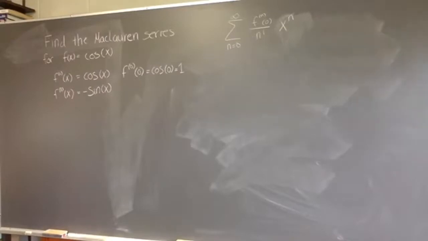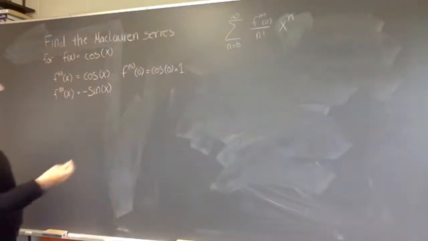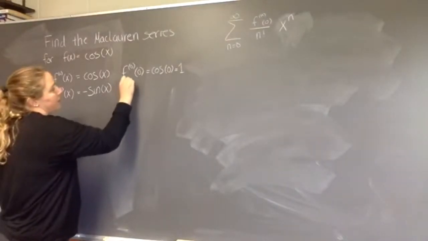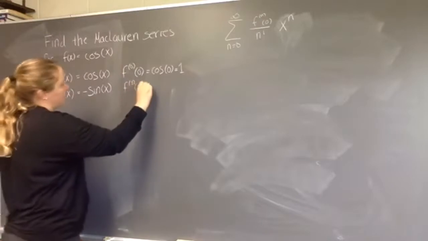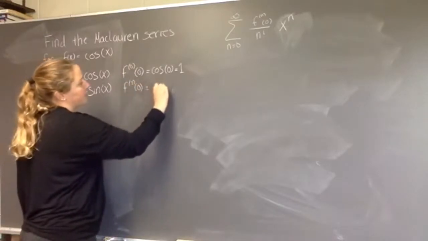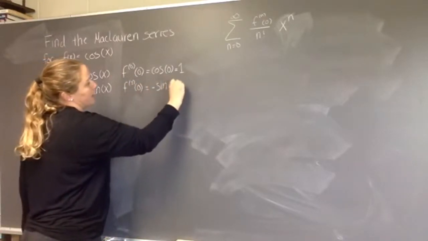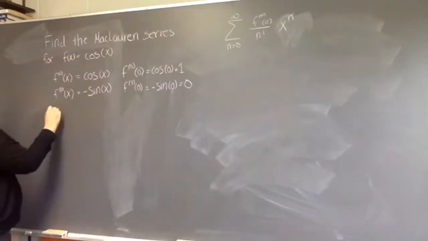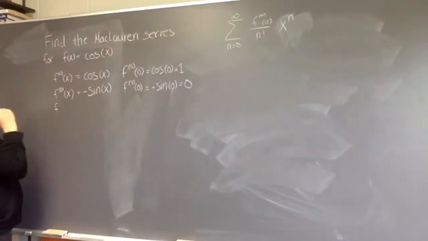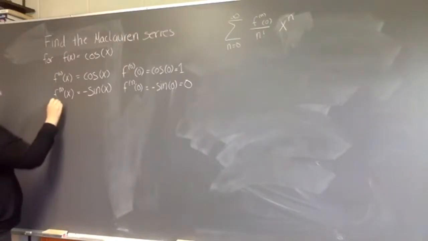Right, so cosine goes down, yeah, negative sine. Okay, so that means that the first derivative, evaluated at 0, is negative sine of 0, and sine of 0 is just 0. So we'll keep doing this until we feel like we have a nicely established pattern.